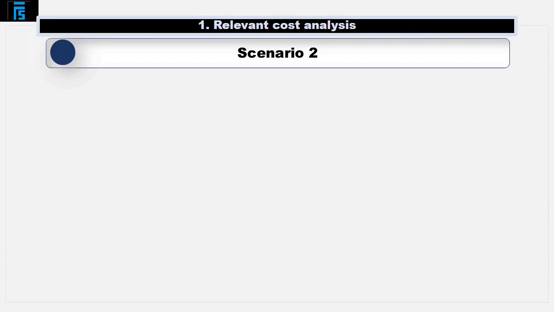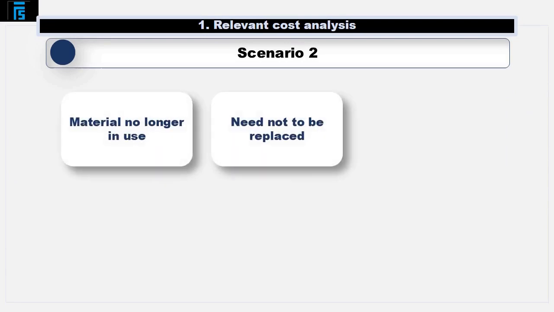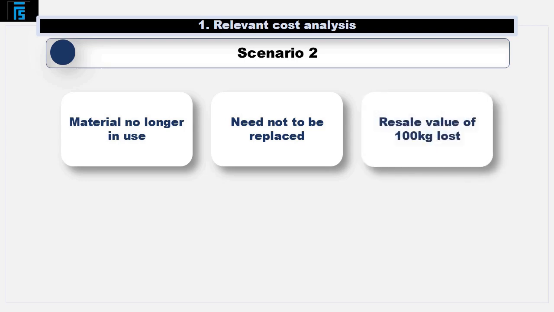As the material is no longer in use within the business, any stock taken will not need to be replaced. However, taking 100 kilograms of inventory from the warehouse means that B Limited will not receive the resale value or scrap value of 90 cents for each kilogram.